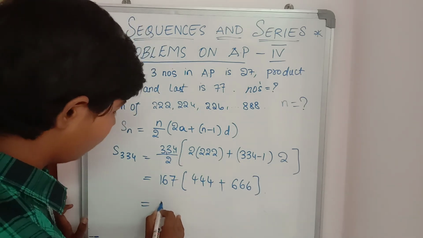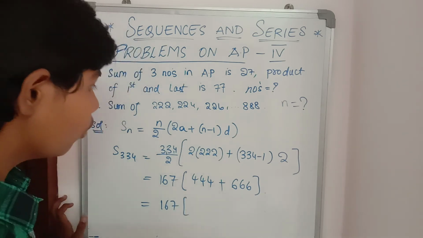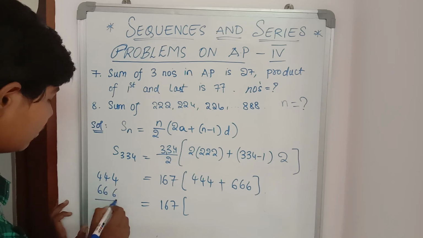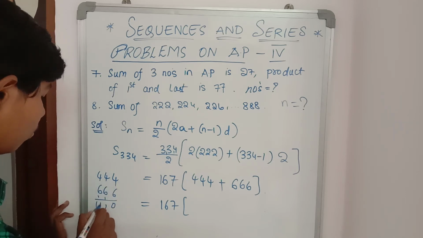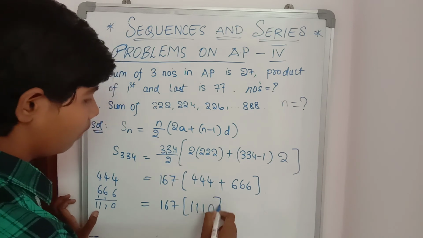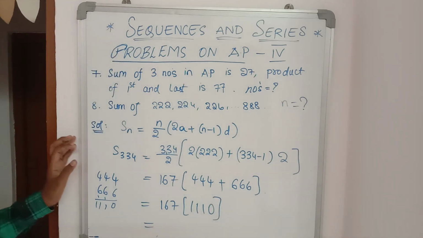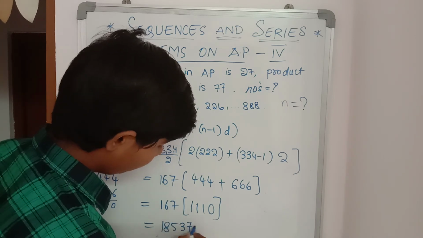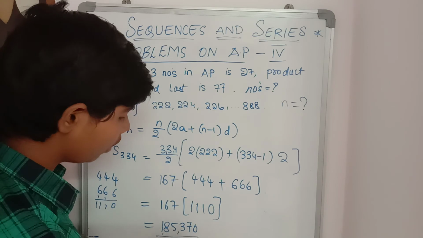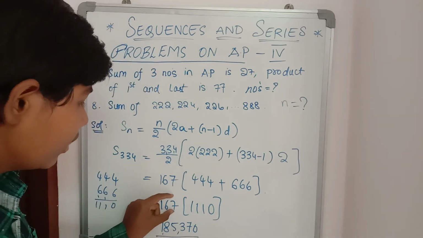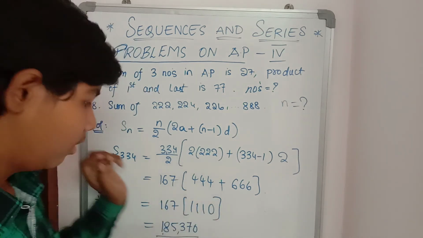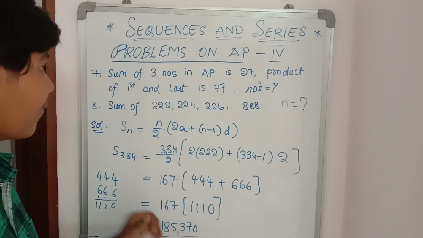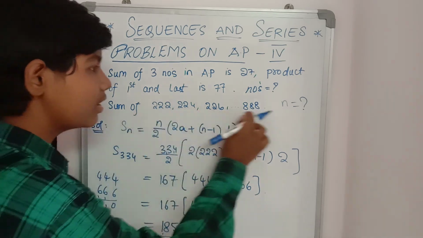So 167 into 444 plus 666, which is 1110. S 334 is 167 into 1110, and the multiplication answer is 1,85,370.